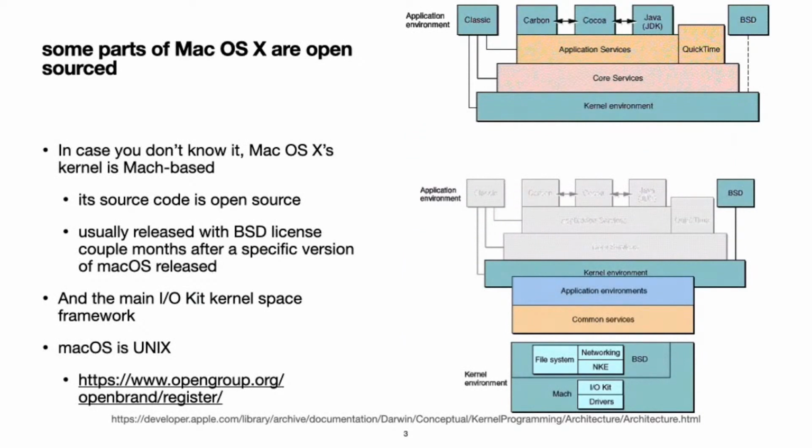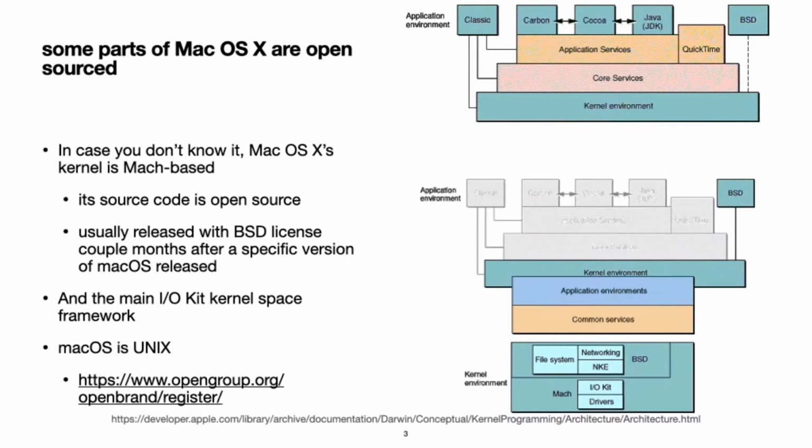Okay, yes, macOS is mostly proprietary software. However, Apple does use open source and it just released some source code with open source licenses. For example, the XNU, or say the Mach kernel. In case you don't know it, the macOS 10's kernel is Mach-based. Its source code is open source.